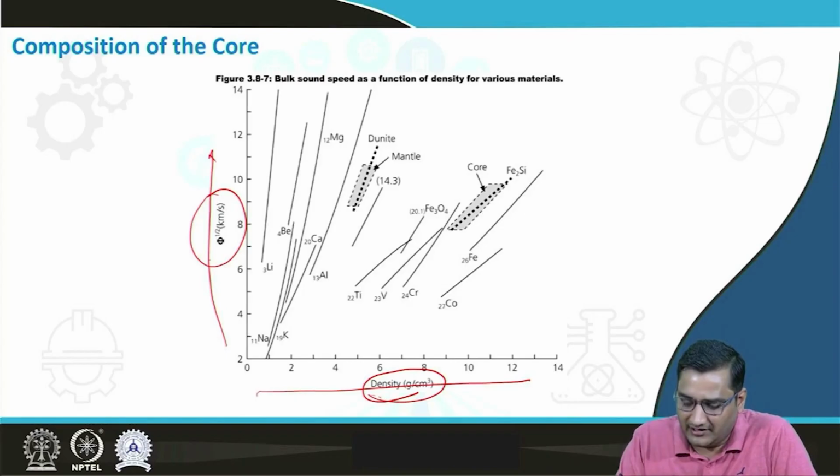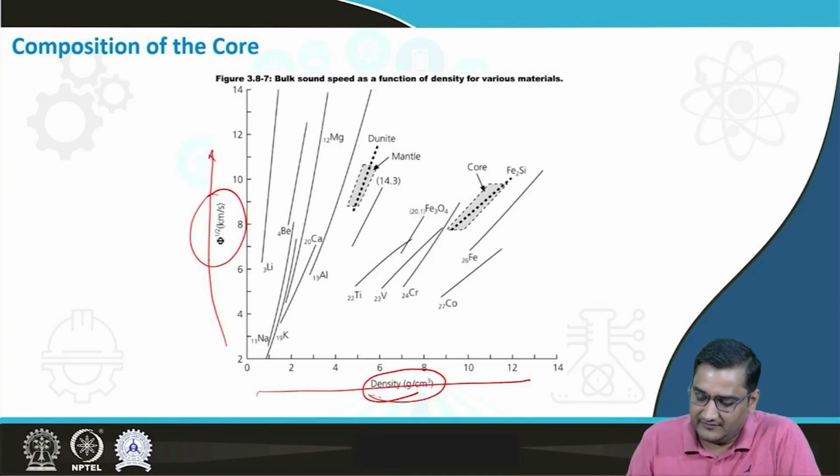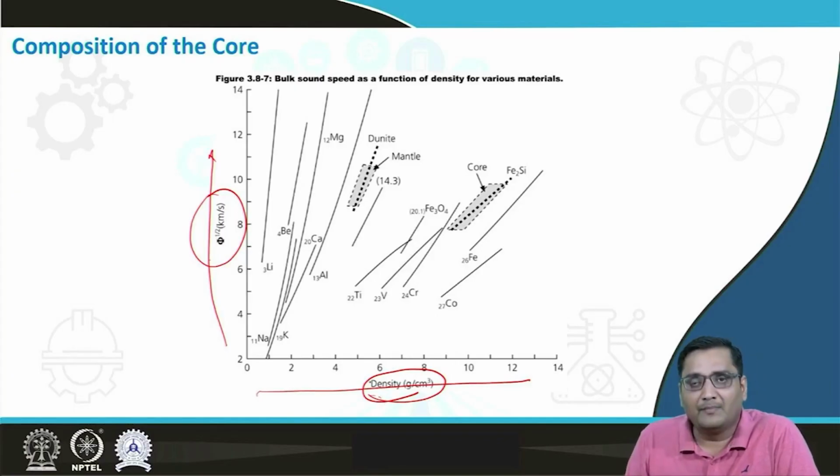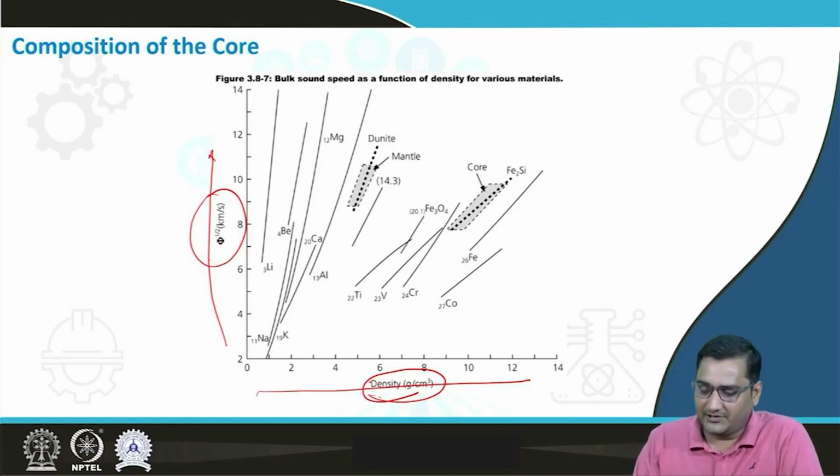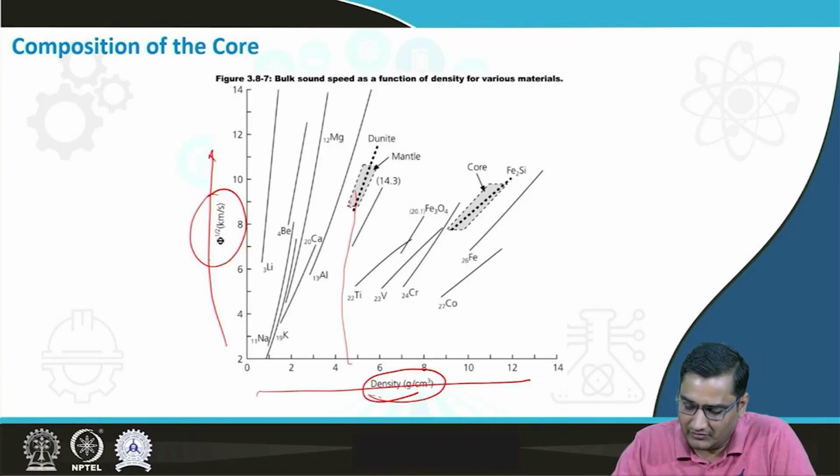It has been found that the seismic bulk velocity is linearly related to the density in this region. We found that the mantle density, around 4.5 gram per centimeter cube, comes out over here, and that is related to the material named unite.